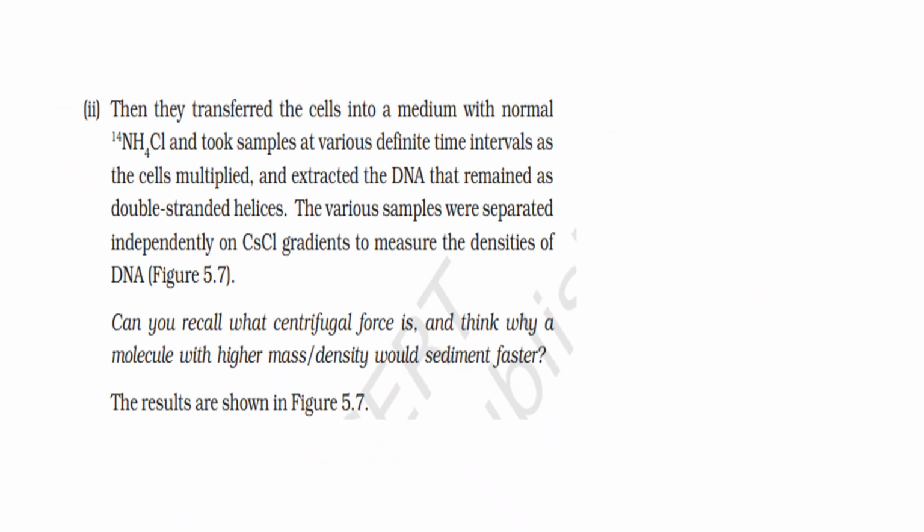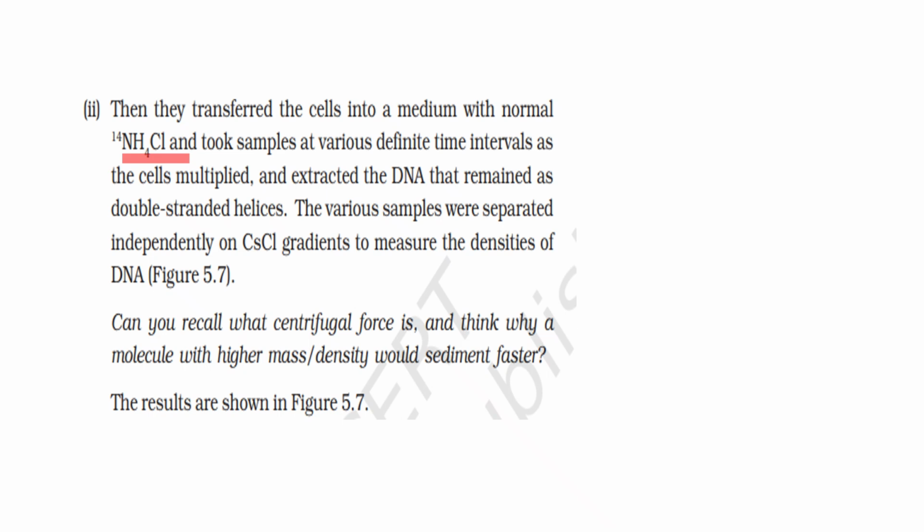After growing E. coli in the 15NH4Cl medium, they transferred the cells into a medium with normal 14NH4Cl, that is the normal isotope. Then they took samples at various time intervals of 20 minutes.